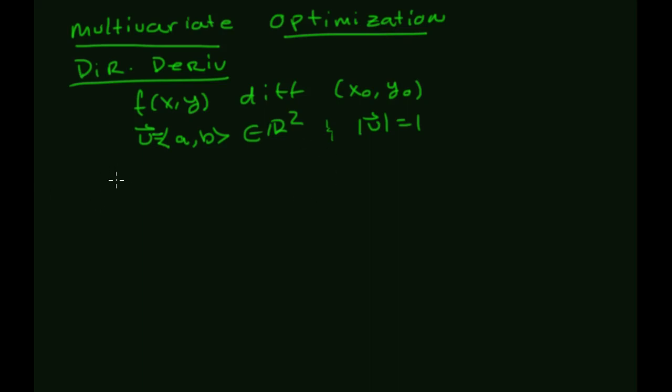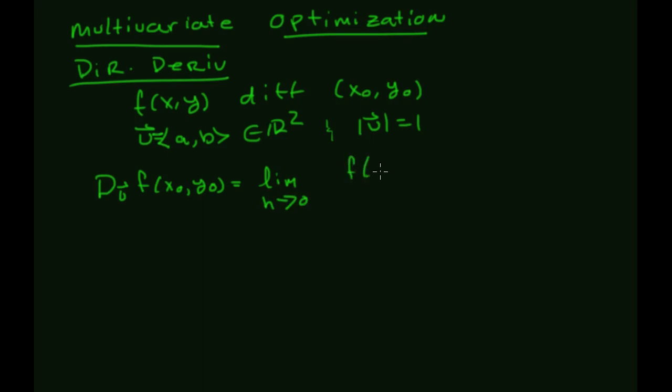So if I do that, then the derivative with respect to u of f at x null, y null is going to be the limit as h approaches 0.